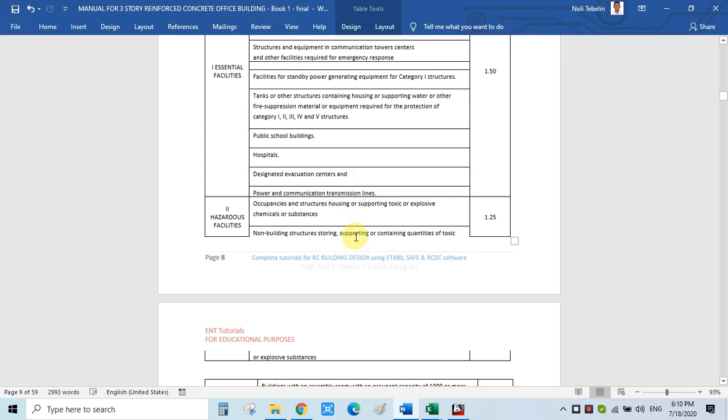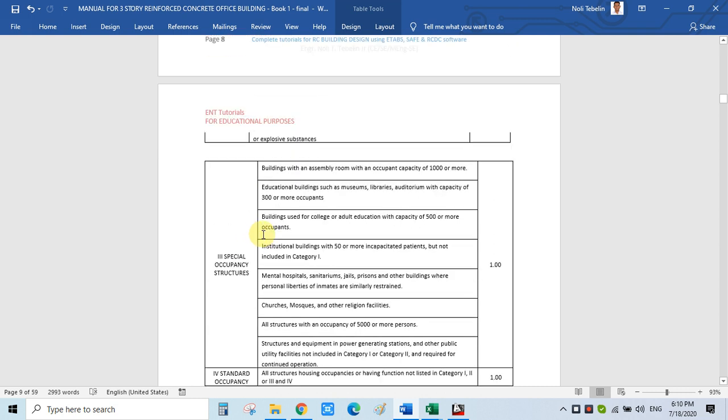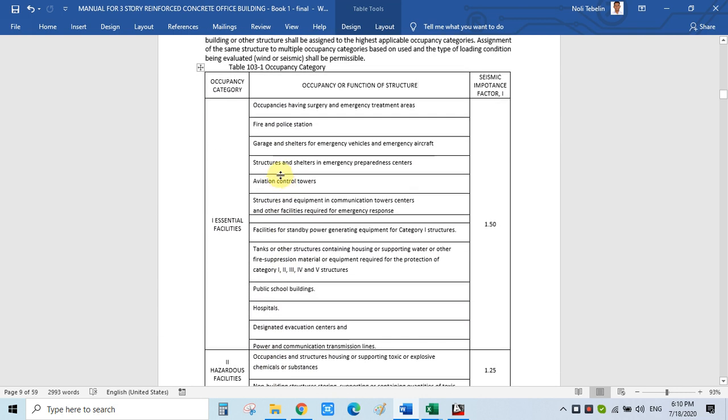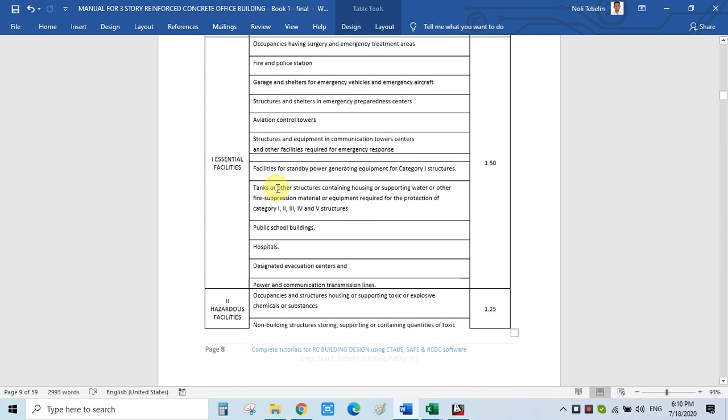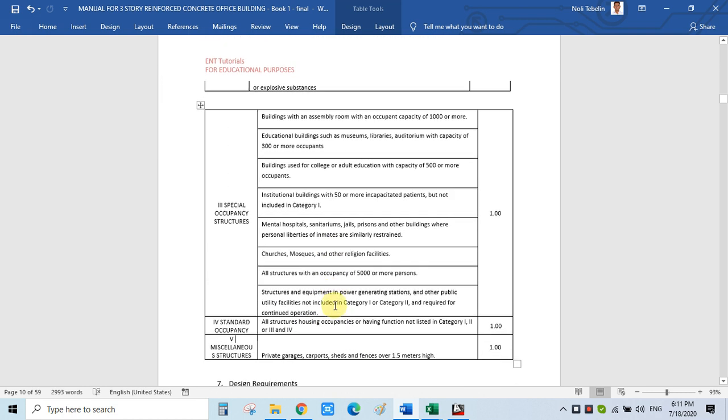Then, dito tayo pupunta sa special occupancy. So, meron tayong occupancy category 1, category 2, category 3, category 4, and also category 5. So, dito tayo sa category 4.